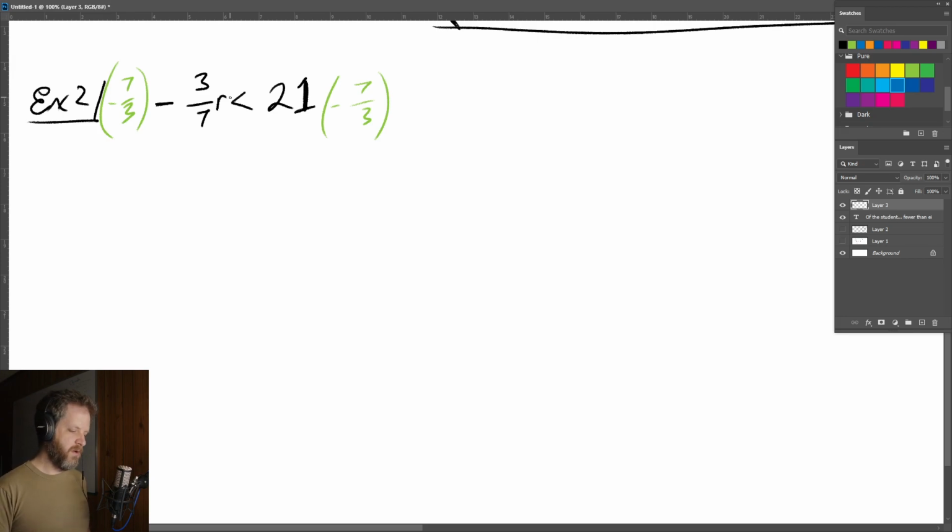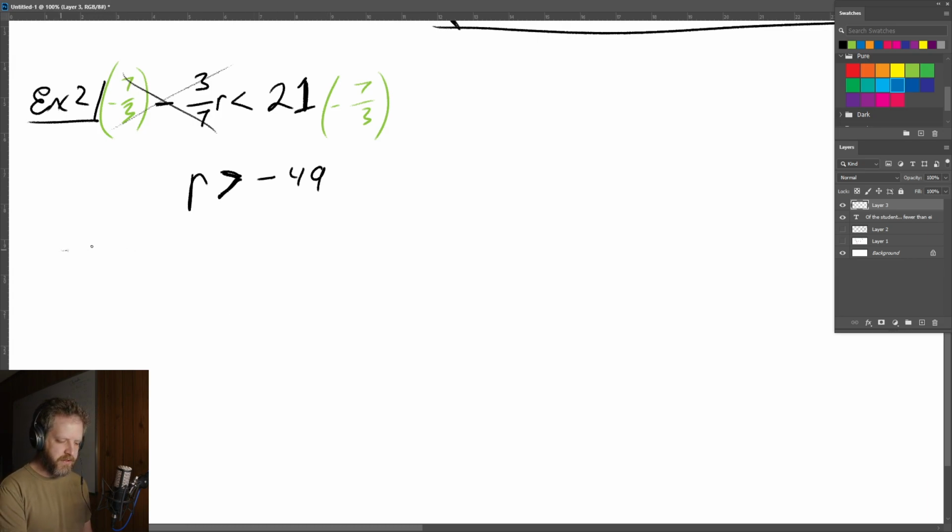So this cancels on this side, leaving us just with r. Now, since we multiplied or divided by a negative, it's r is greater than. And then what's negative 7/3 times 21? Negative 49.